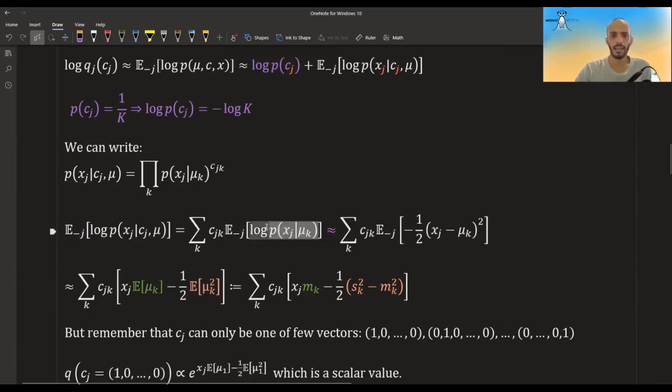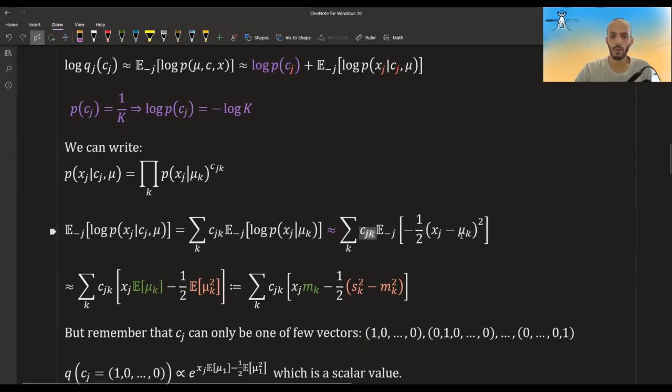Okay, and so what is the log of p(x_j given mu_k)? Well, we know that this thing is a normal distribution, right? Centered at mu_k, and everything else in the normal is a normalizing constant. We don't care about it, so we can throw it away. And also the variance is 1. We assume that the variance here is 1. So we are left with this thing over here.